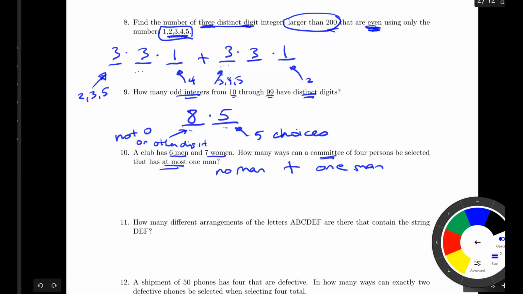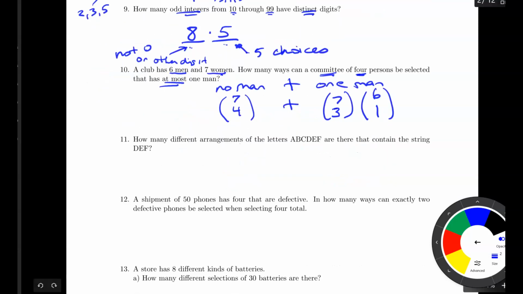Okay, if there's no man chosen, I'm choosing a committee of 4 out of the 7 women, right? Because I'm choosing 4 from the women. If I'm choosing 1 man, I'm choosing 3 women out of the 7, and out of the 6 men, I'm choosing 1.